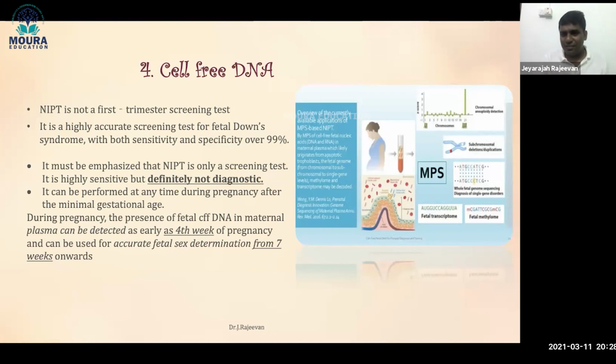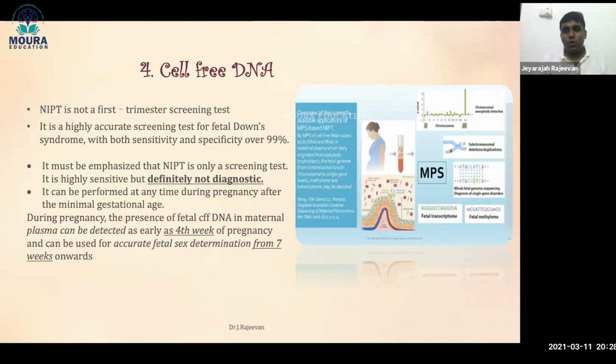Agree? That should be 100%. But the cell-free DNA for Down syndrome is not 100%, it's 99%. So as it is 99%, it's not a diagnostic test. Still, it's a screening test.